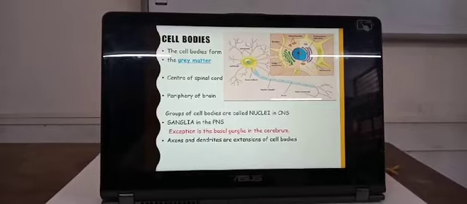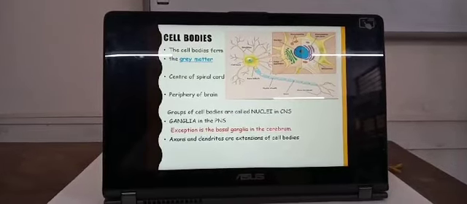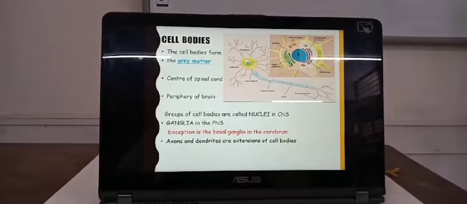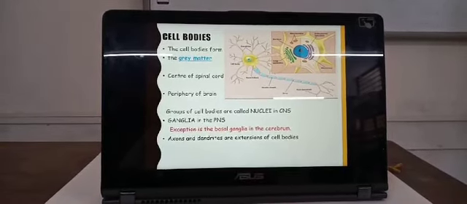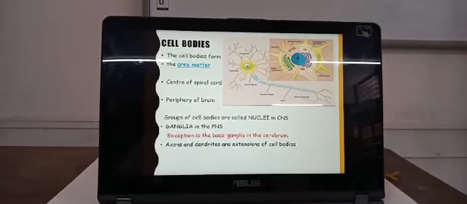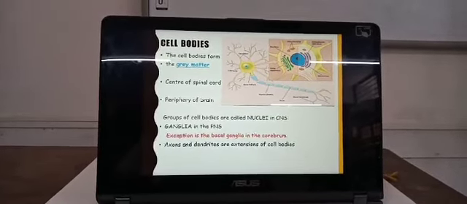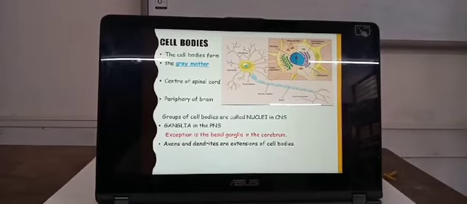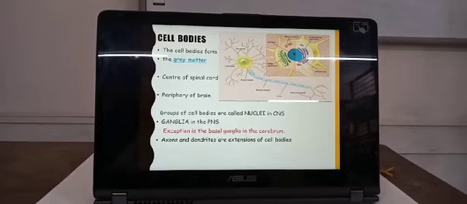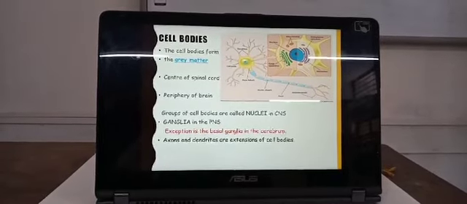The group of cell bodies together, as in a collection of 2-3 cell bodies put together, is called the nuclei. Now it is called nuclei in the central nervous system, but when it comes to the peripheral nervous system, it is called ganglia. I think you would have heard about the word ganglia, people having ganglia in their hands and all those.